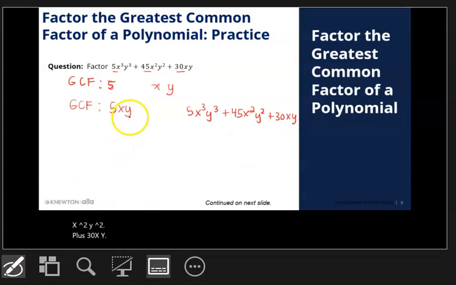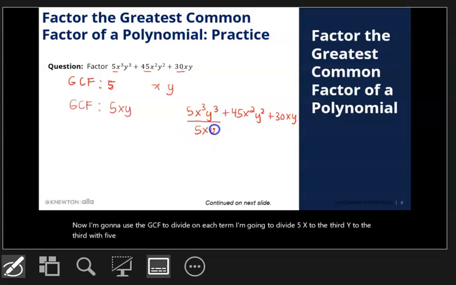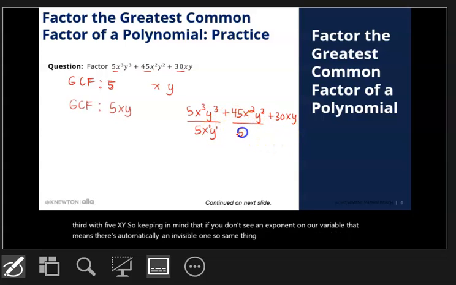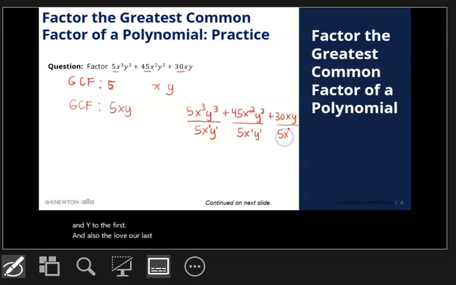Now I'm going to use the GCF to divide each term. I'm going to divide the 5x to the third, y to the third by 5xy. Keep in mind that if you don't see an exponent on our variable, there's automatically an invisible 1. So same thing here, we're going to divide by 5x to the first and y to the first. And also in our last term, divide by 5x to the first, y to the first.